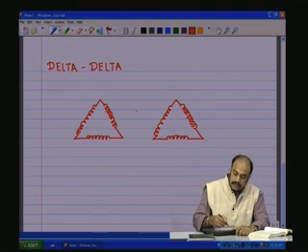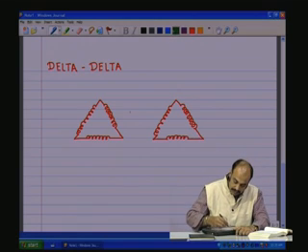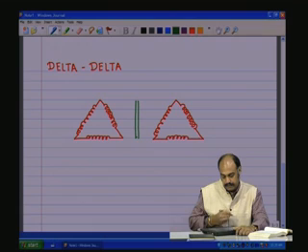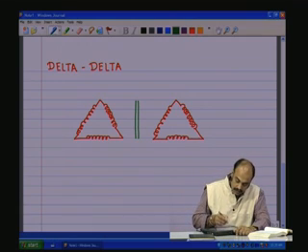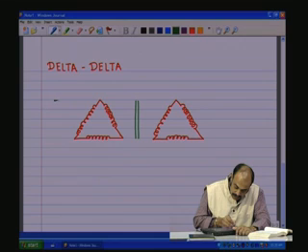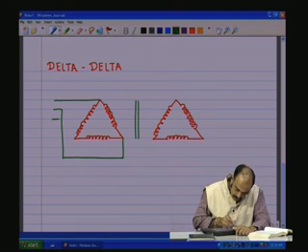Now, there is mutual inductance between the primary and the secondary, and that is shown as coupled by means of a core. Now, on the primary, you have the A, B and the C lines connected to the sources as shown.